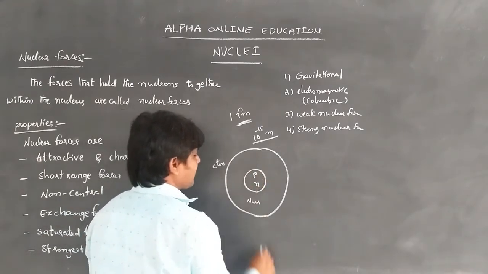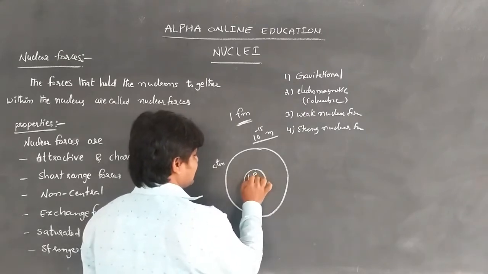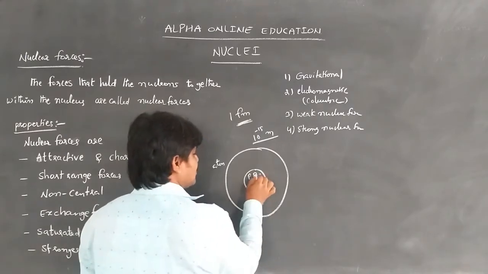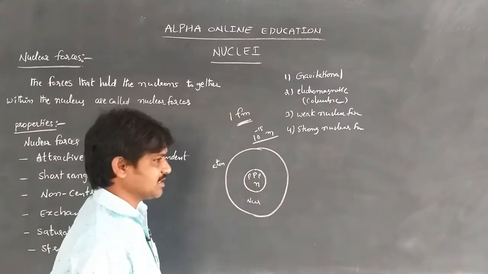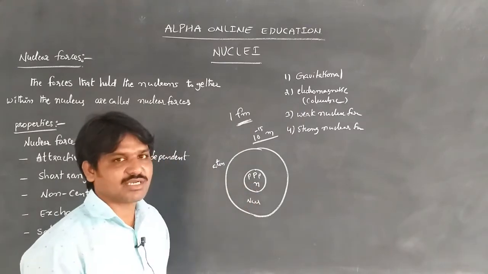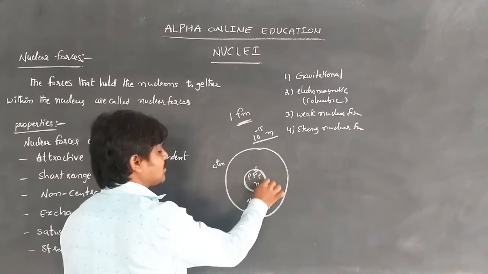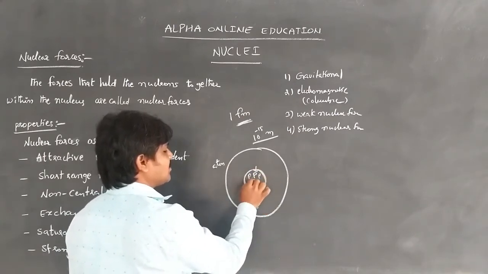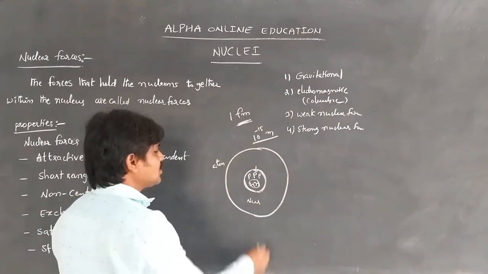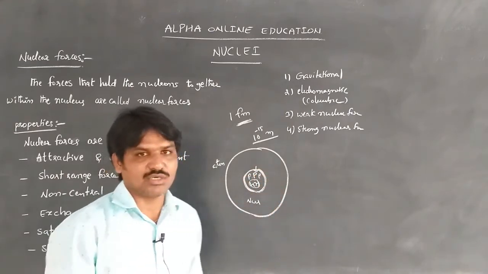The protons have positive charge, and many positive charges lie in the nucleus, so there is a repulsion force between them. Even so, some force acts on the protons and neutrons to keep them together. That force is called the nuclear force.